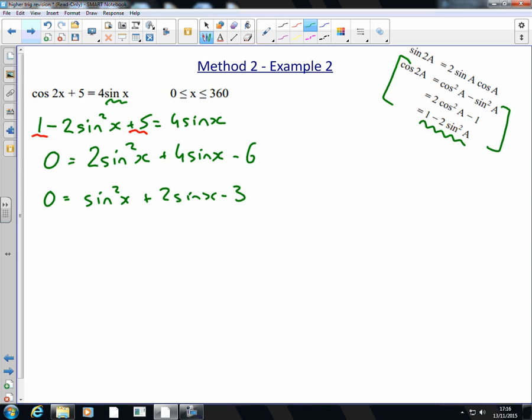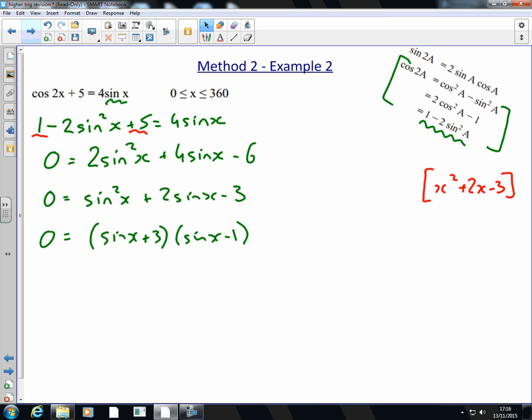If you find it easier, go over to the right and just take out the signs and put in x's instead, and you'll find it. I can do that, no bother. So when you factorise it, it's going to be sine x plus 3, sine x minus 1. And then I've got 2 factors again. Now that one, sine x plus 3 equals 0.